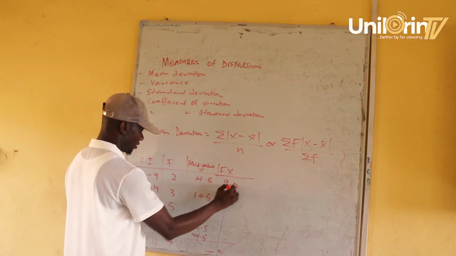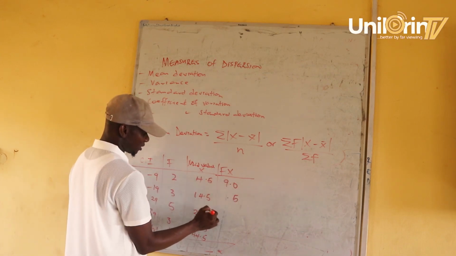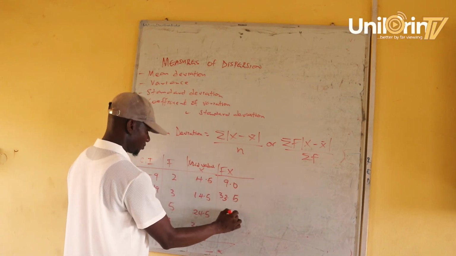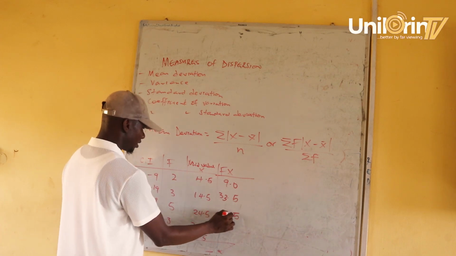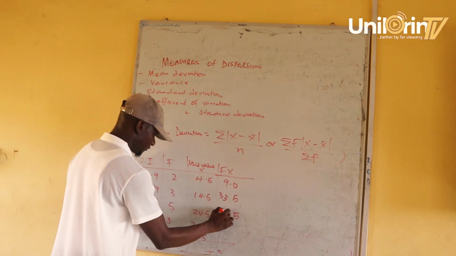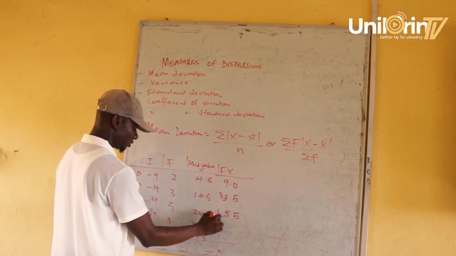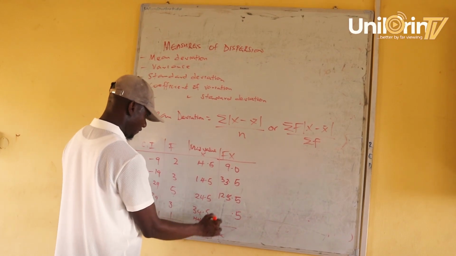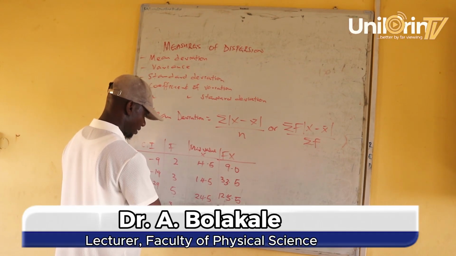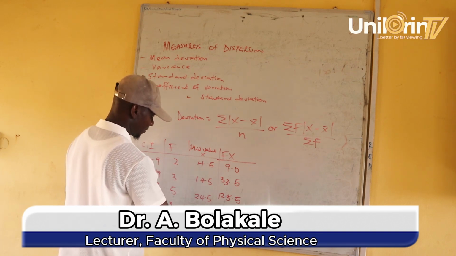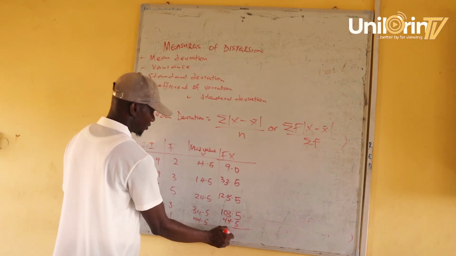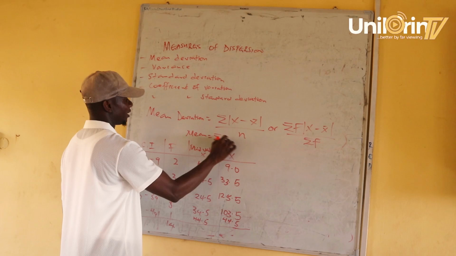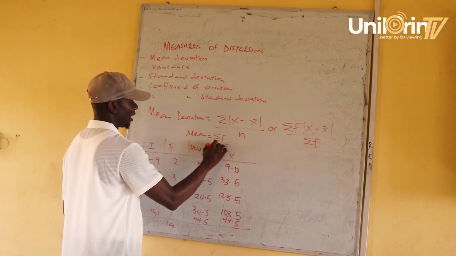Here you have 9.0, this 0.5, there's 4, 12, 13, and the last one 44.5. So if we add everything together, as usual, summation fx over summation f, we have a mean.